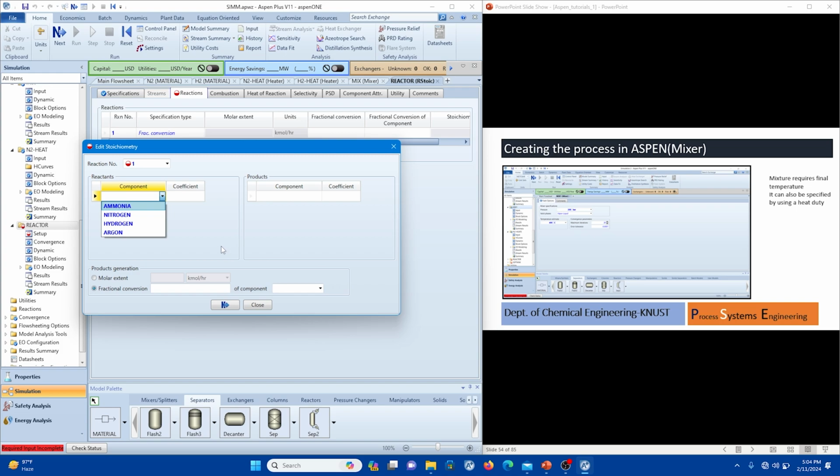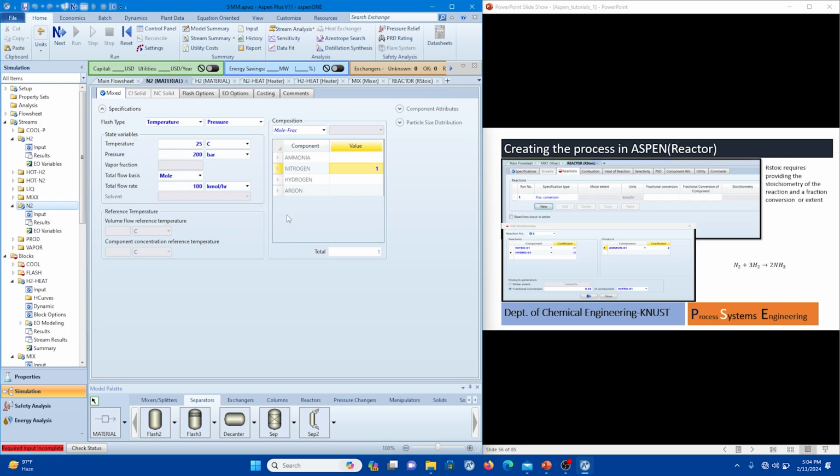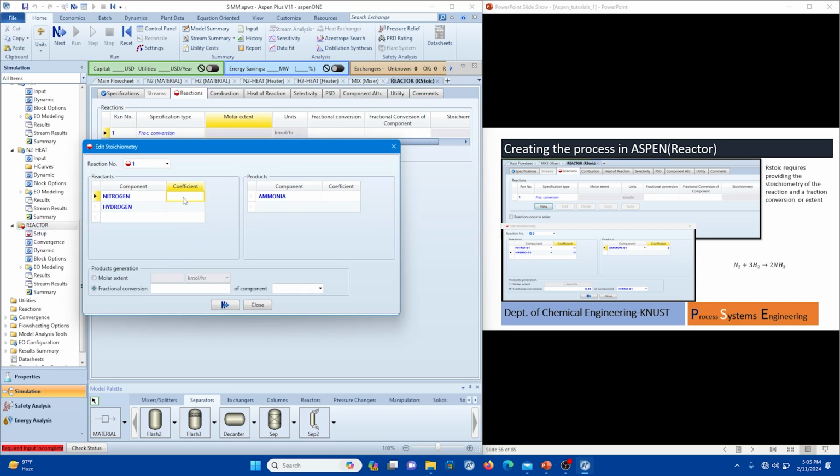So the reaction is nitrogen plus hydrogen producing ammonia. Quick check. The nitrogen stream had 0.5 mole percent argon, so make that correction if you didn't. Right, so you have the balanced stoichiometric reaction.